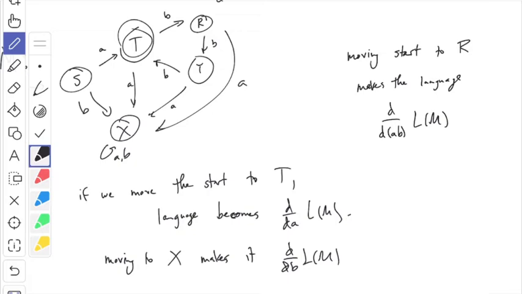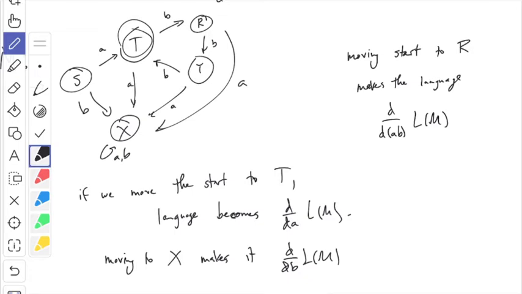In fact, it is a true fact that the derivative of AB is the same as the derivative of A of the derivative of B of the original language, because you do AB to get to R from the original starting state.